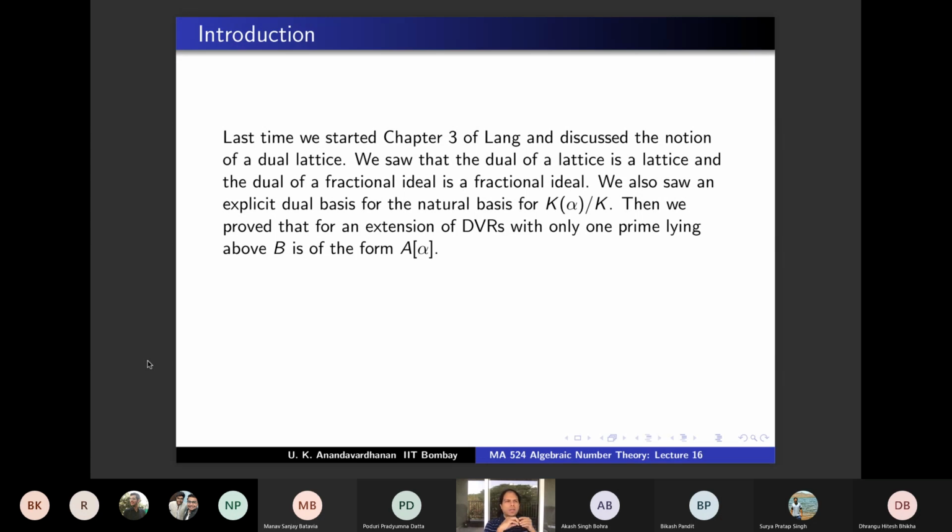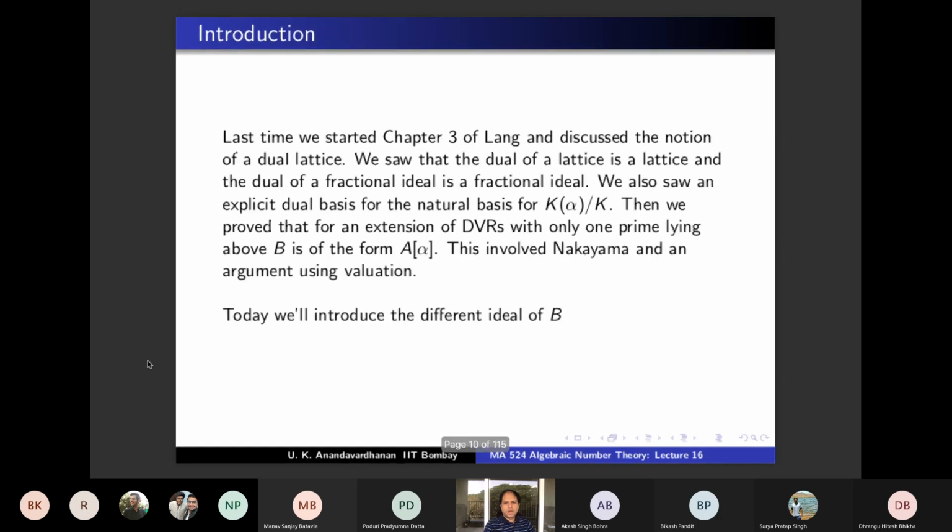So take a generator of the residue field extension, take a lift, and also take an element pi of valuation one, and then these two will generate. Using some calculation with valuation, we showed it is of the form A[alpha]. In particular, in the local situation, if you assume the field is complete, the ring of integers is a DVR and there is exactly one prime lying above, so this can be applied. This involved Nakayama and an argument using valuation.